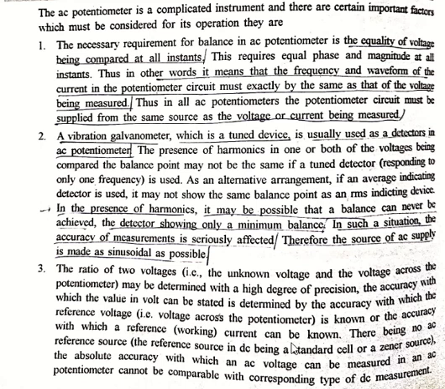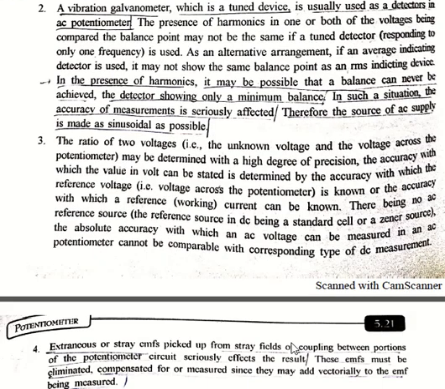So these are the three factors. Now coming to the fourth factor, which is the extraneous and stray EMFs picked up from stray fields or coupling between portions of the potentiometer circuit, which seriously affects the result. All the stray magnetic fields or EMFs produced by stray fields will couple through our potentiometer, and it will cause some errors.